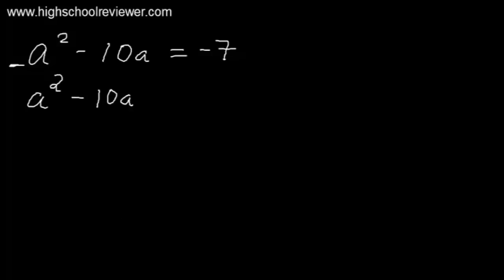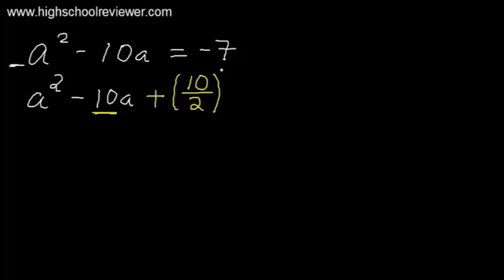Now, we will add a third term to make this a perfect square. So we will add here, the term will be a fraction. The numerator will be the numerical coefficient of the second term, disregarding the sign. So this will be positive 10, and the denominator will be a constant number 2.